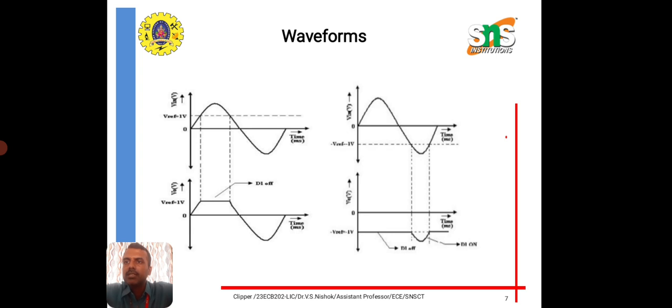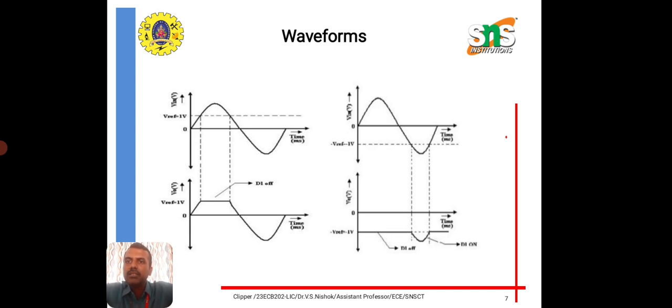We are taking a sine wave as the input voltage, and the part of the sine wave going above 1 volt will be clipped off as per the condition Vi greater than V reference. At that condition, the diode will be in off condition, so no output will be produced from the clipper circuit. That is why it is mentioned D1 is off.